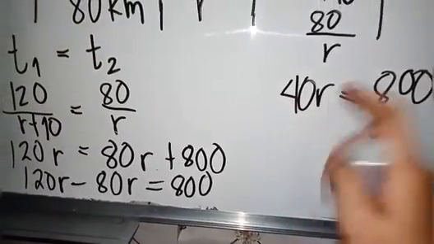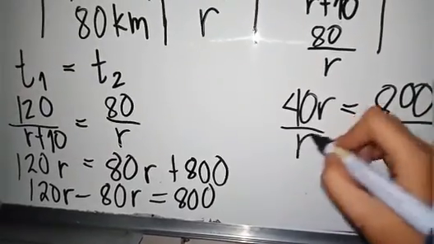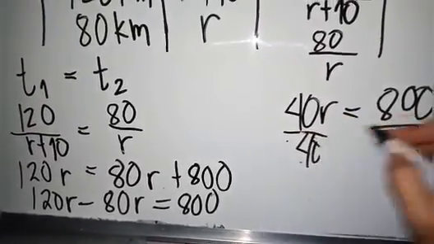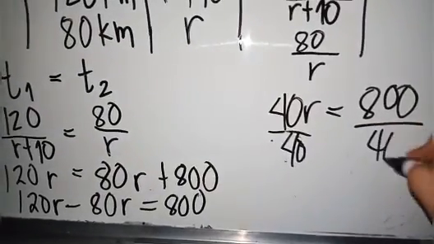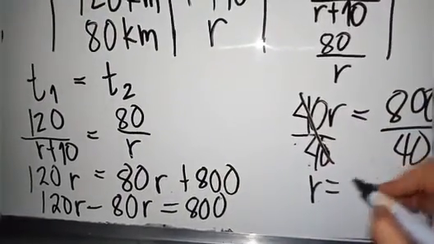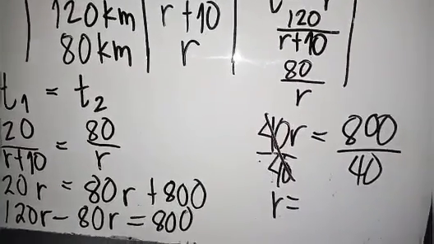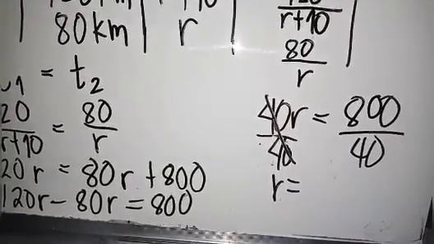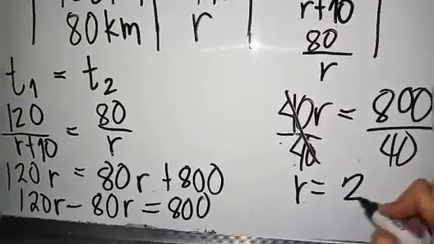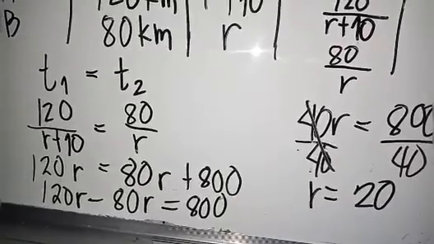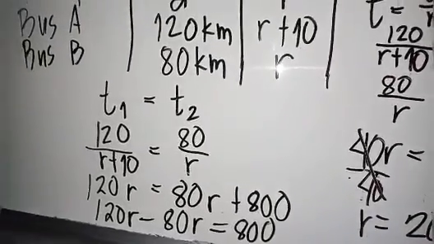Then, para makuha yung value ng ating R, divide both sides by 20. So, we have R is equal to 800 divided by 20 will give us 40. So, sinasabi natin dito na yung R natin ay 40.